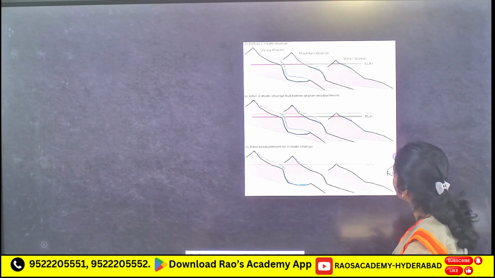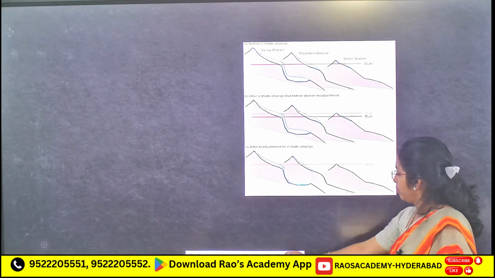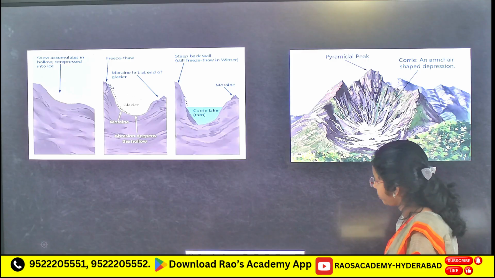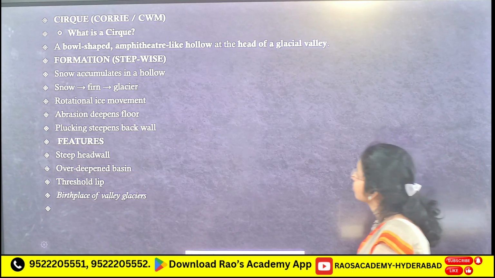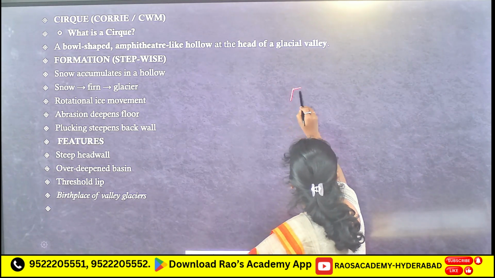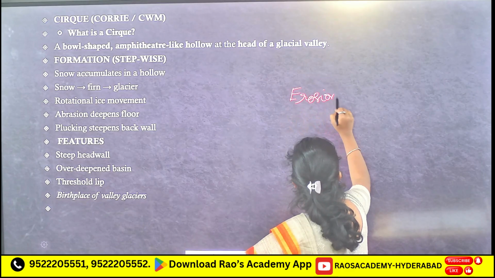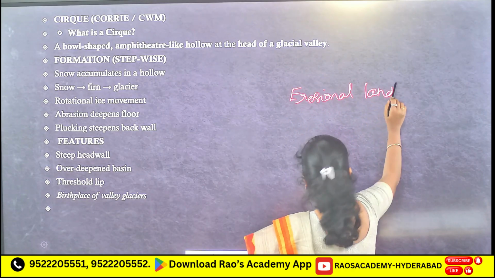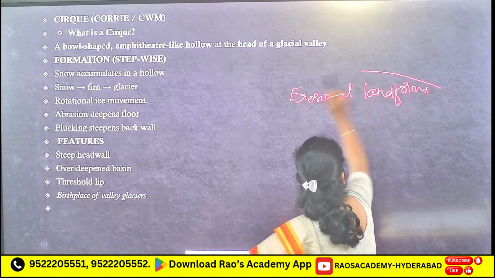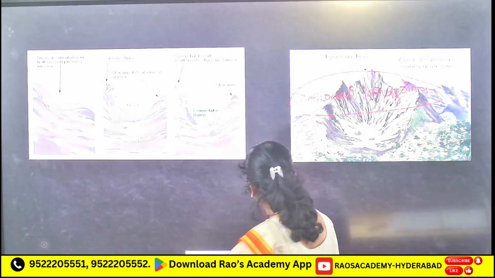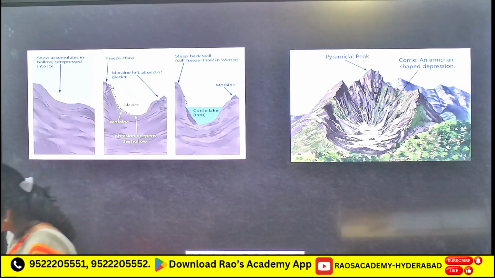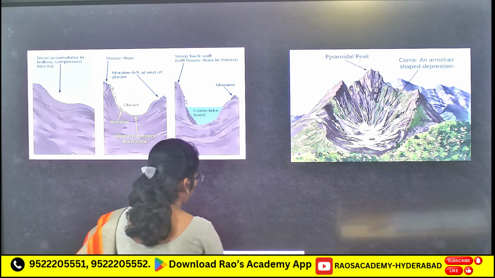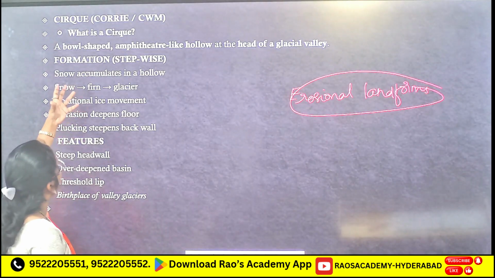Few erosional landforms we are going to see in glaciers. First, Kori, or a cirque.